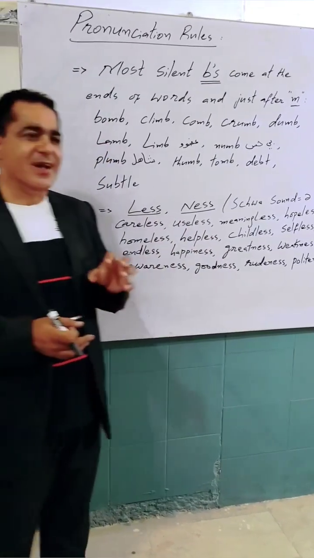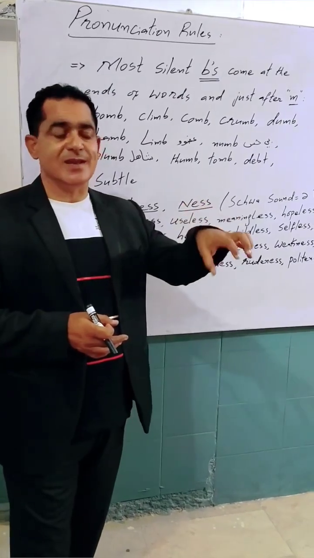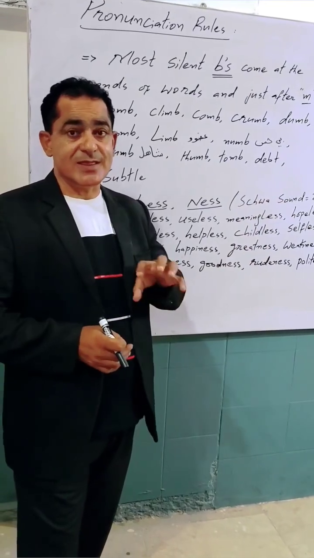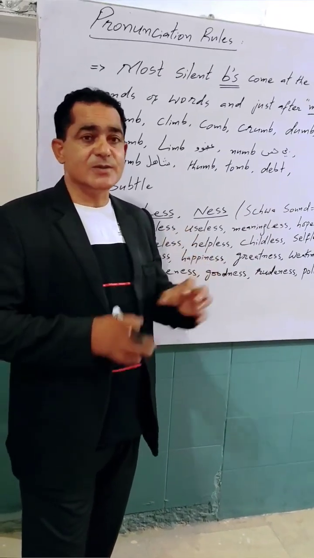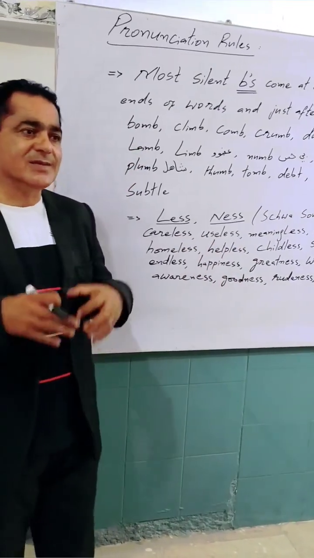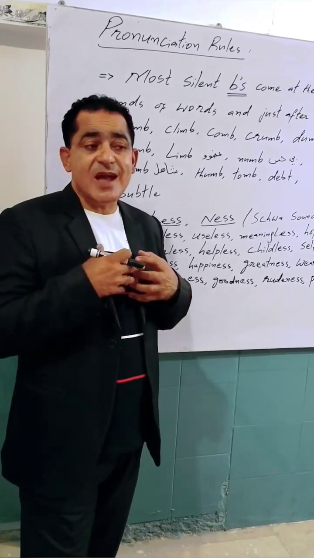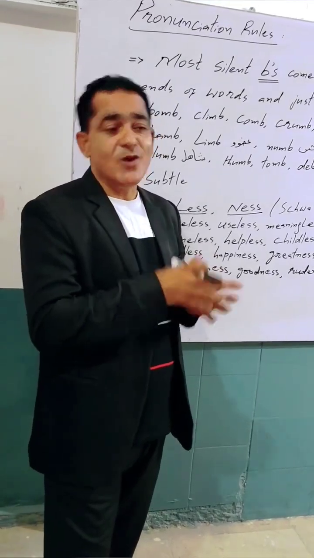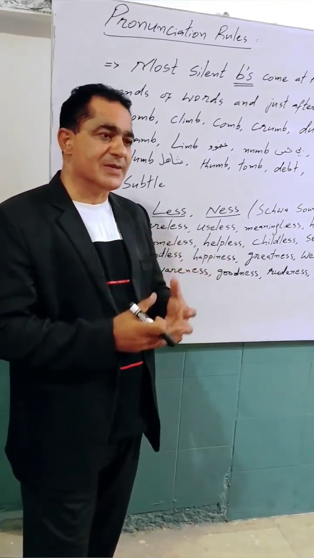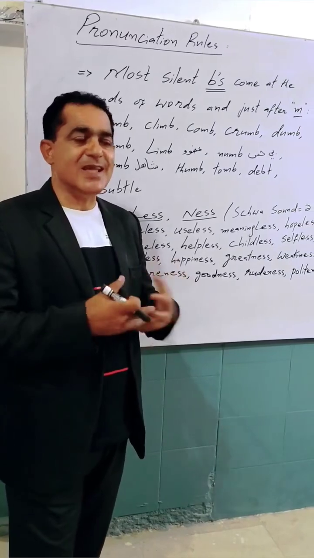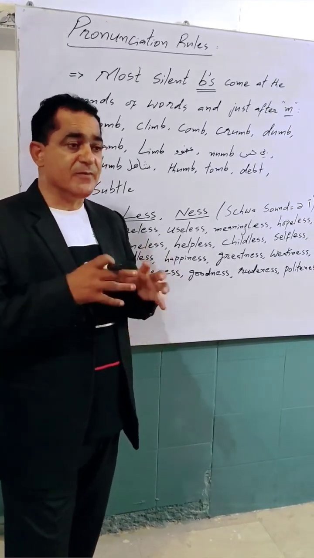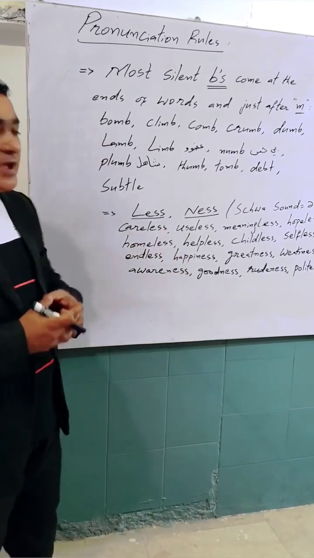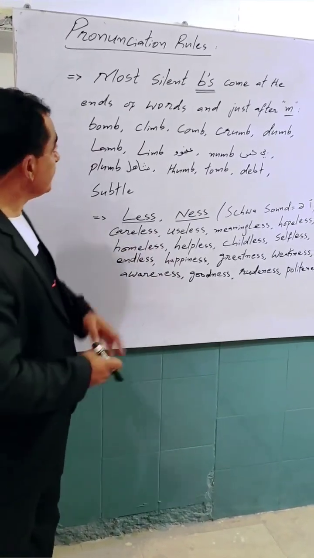But there are 44 sounds in the English language. 26 letters, 44 sounds. So many letters are silent: they are not pronounced, not stressed, and not heard, as far as pronunciation is concerned. Here are a few of them.